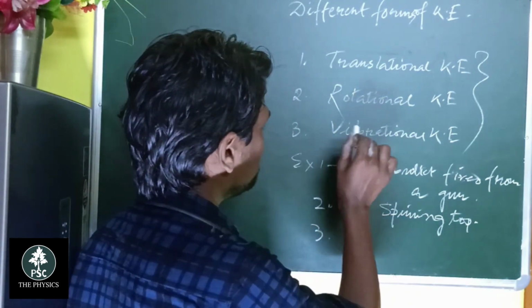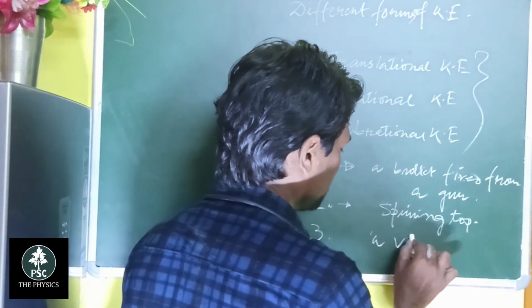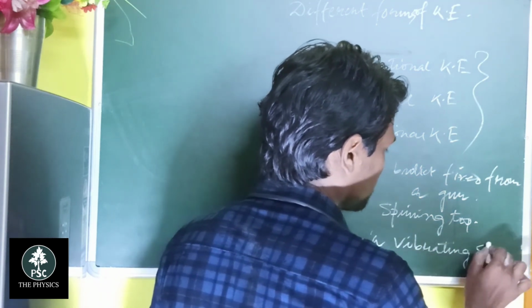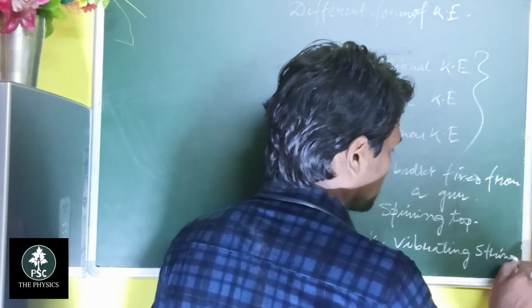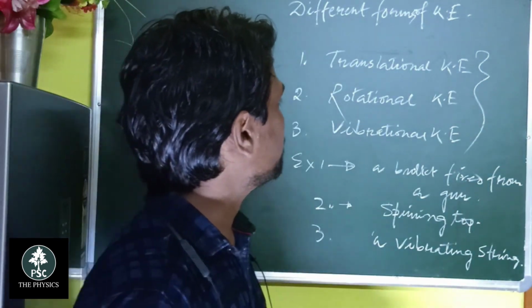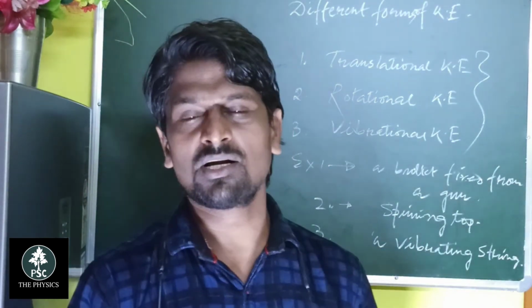And the third one is vibration: a vibrating string, the string of a guitar. So these are examples of the different forms, that is translational, rotational, as well as vibrational kinetic energy.